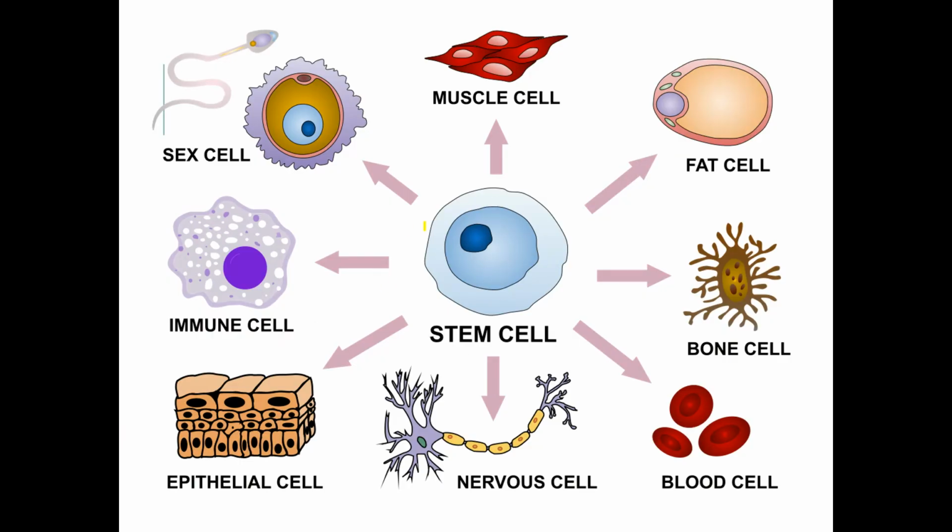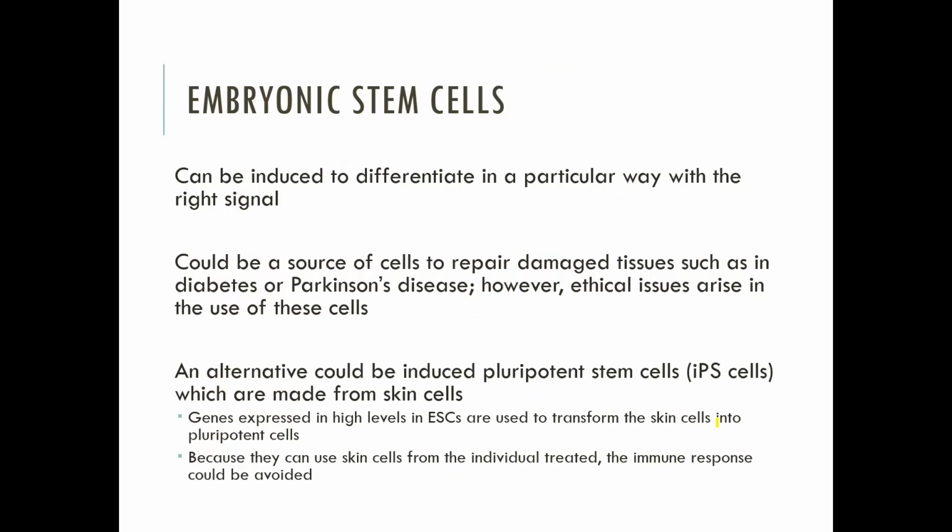All right, so here's an example. Your stem cells, once again, are undifferentiated cells that have the potential to become other specialized cell types. All right, so as I mentioned, these embryonic stem cells, these are your pluripotent, but they can kind of be induced. And so there was a lot of study, it's been several years ago now, and I'm sure they've come a long way since then, but they were really a hot topic.